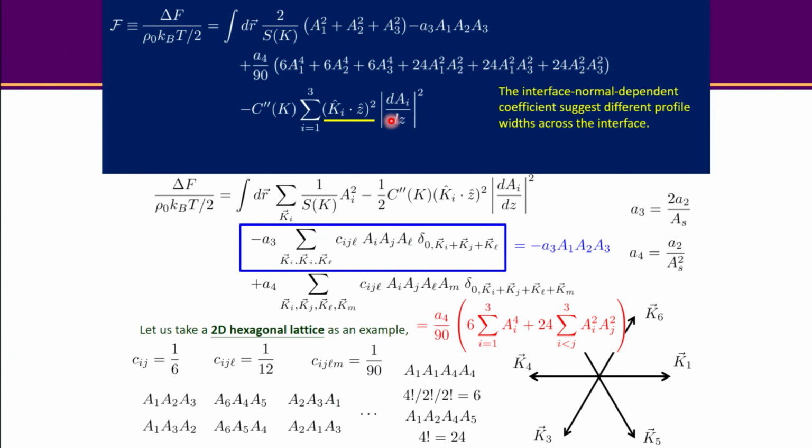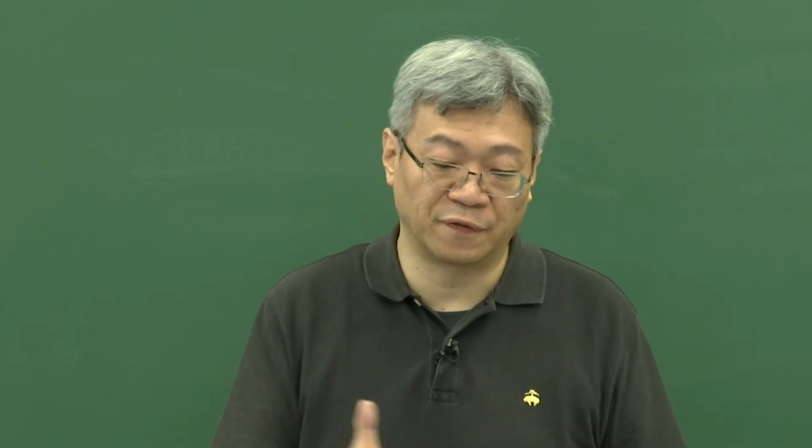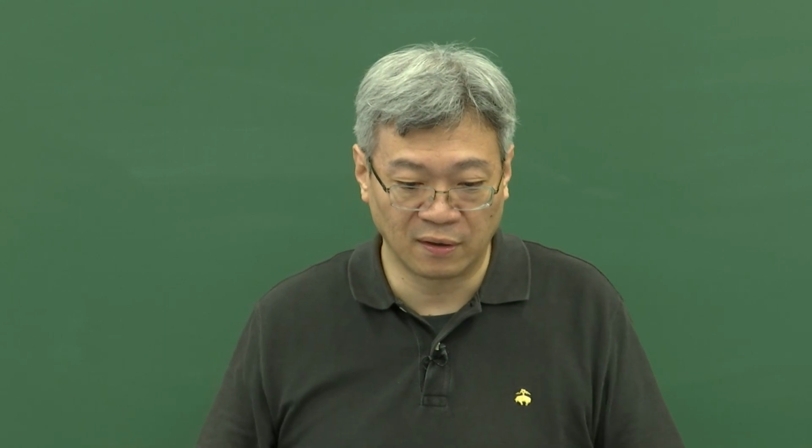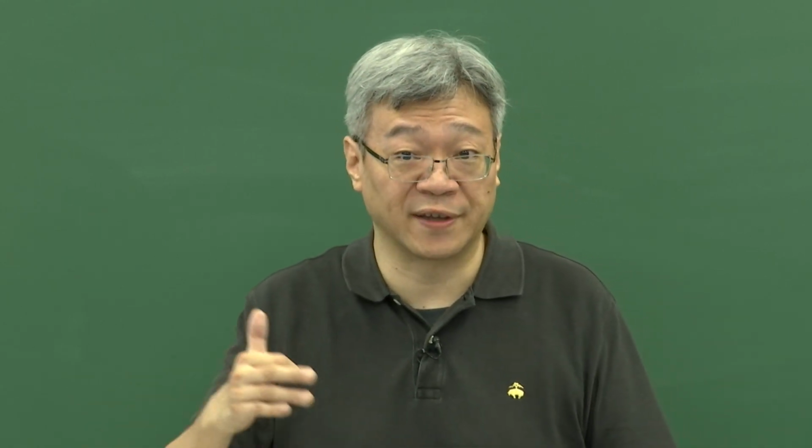So once you obtain those profiles, you can plug them back in to evaluate the energy for the interface. That is basically the excess energy, and that's your surface energy. And you can change to a different interface normal and get, again, different results. So in principle, you are expecting to get different surface energy as you change the interface normal.